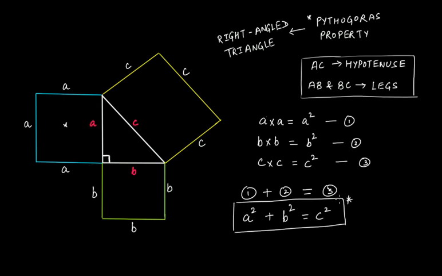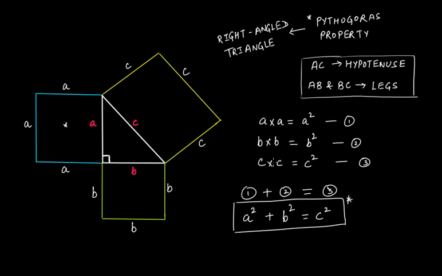Now we are not going to discuss the formal proof of this, because this particular thing, the formal proof for Pythagoras property, you will learn when you move to higher standards, higher grades. So if you are given that a triangle is a right angle triangle, then this Pythagoras property will always hold true.